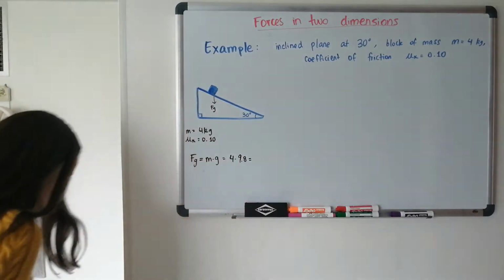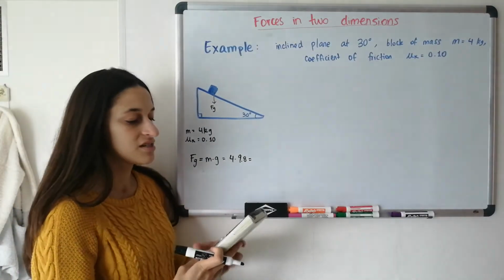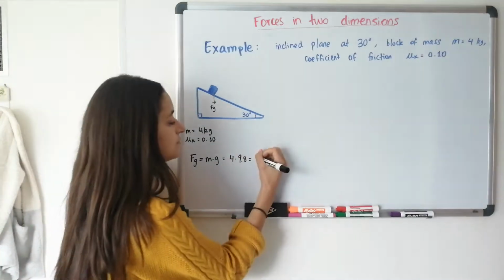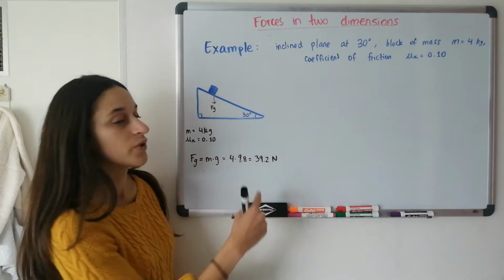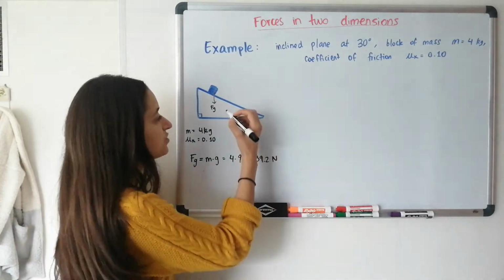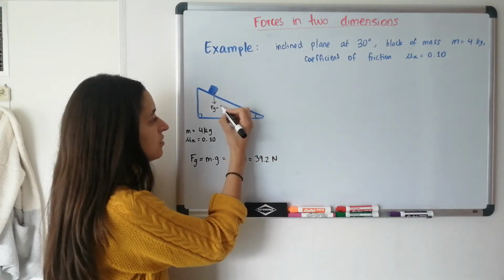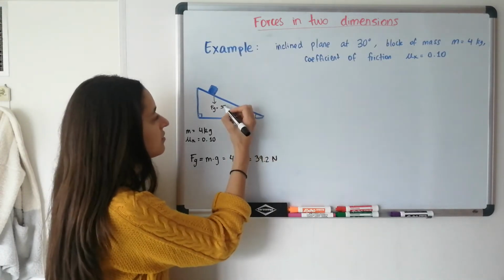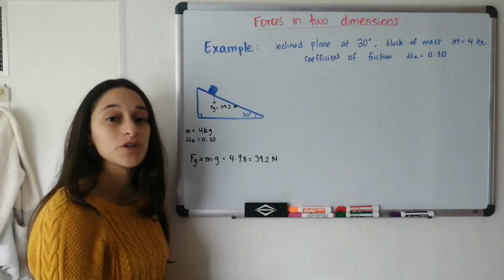We can put that in the calculator. 4 times 9.8 gives us 39.2 newtons. So the weight of a block of mass 4 kilograms is 39.2 newtons. That is Fg. We can put it here now, 39.2 newtons. Okay, that's one of the forces.